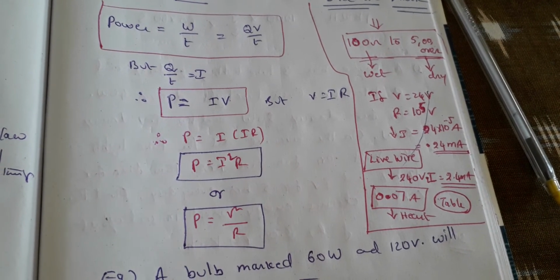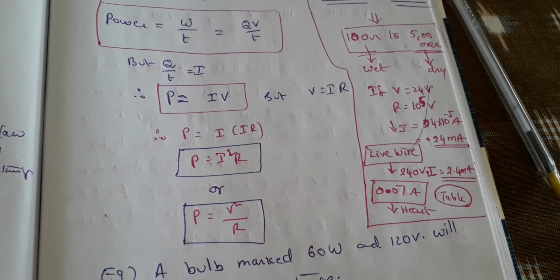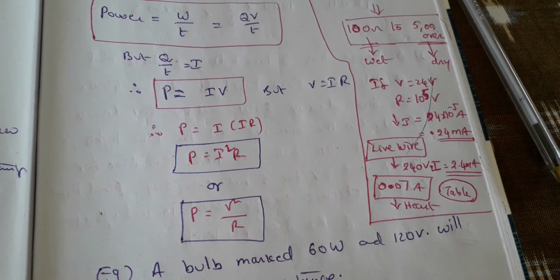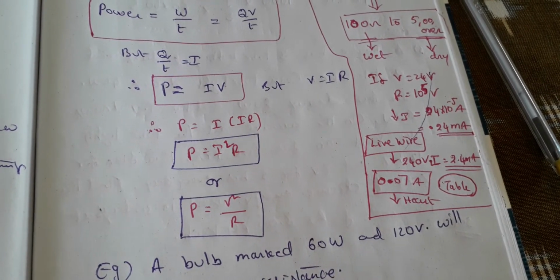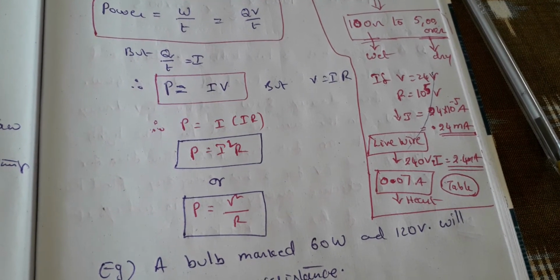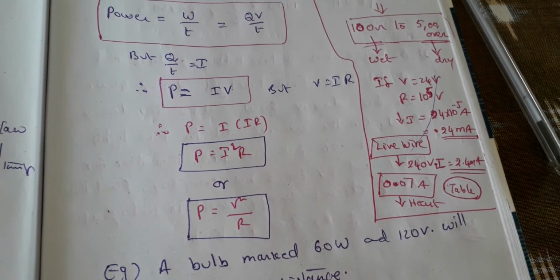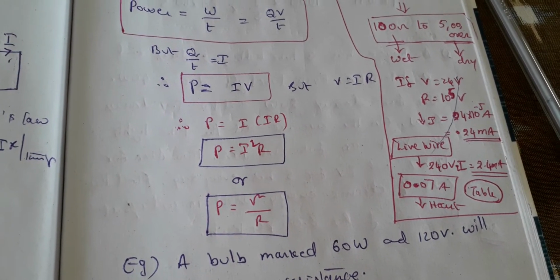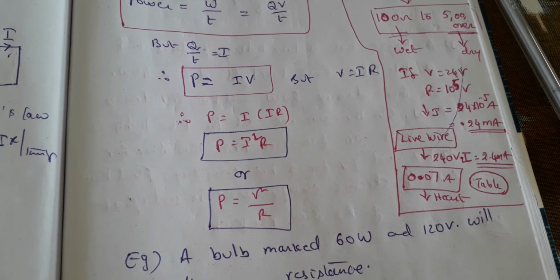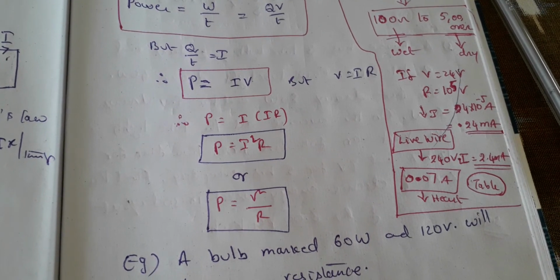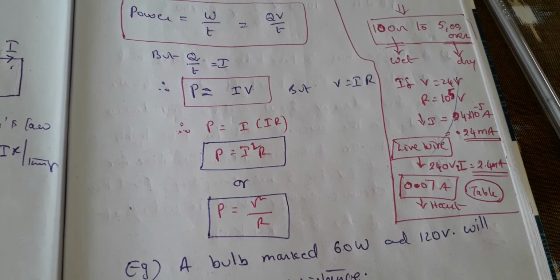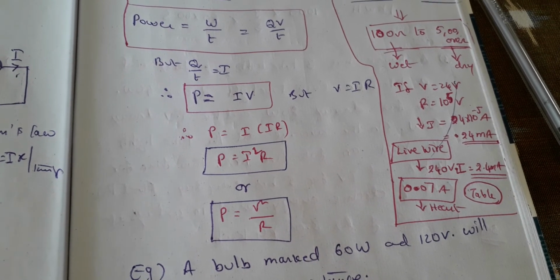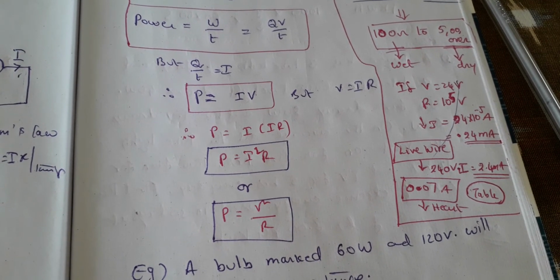Therefore the body parts will get damaged, and usually the heart will get damaged at a current flow of 0.07 amperes. So care must be taken whenever you handle electrical appliances or do any repair works at your household, to see that the main supply is off, and whatever supply is coming into the house has to be stopped.